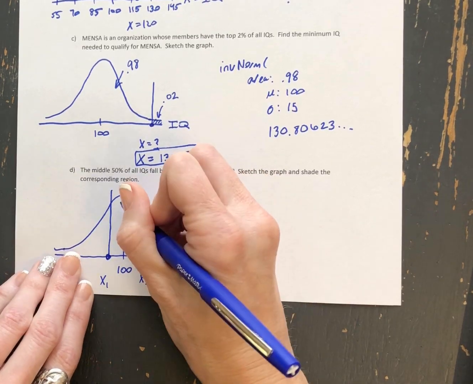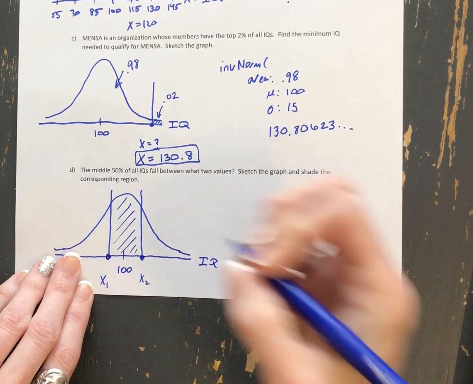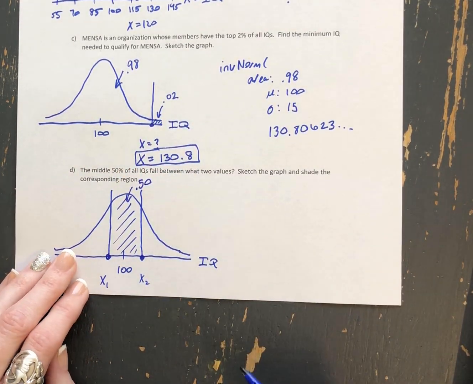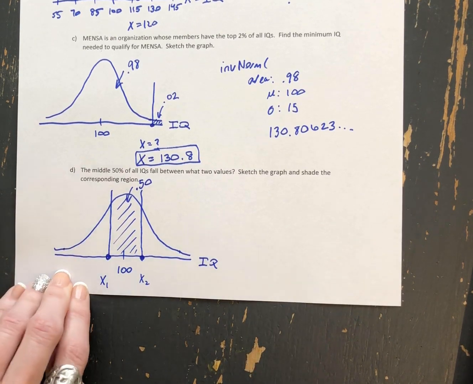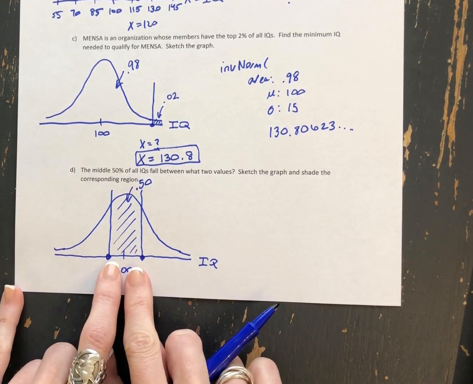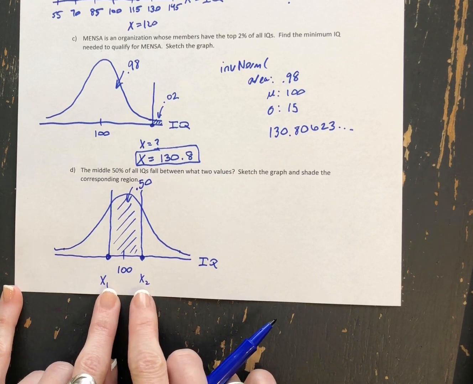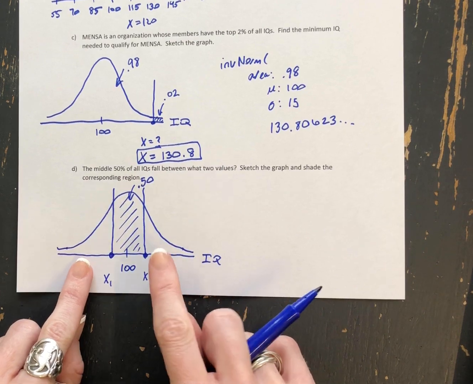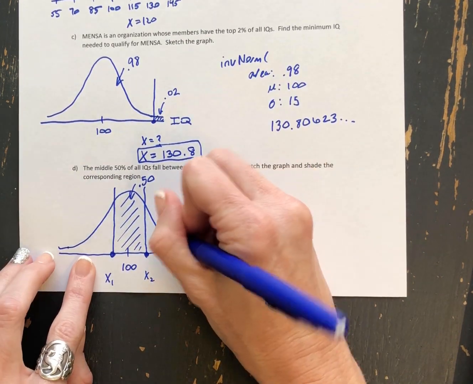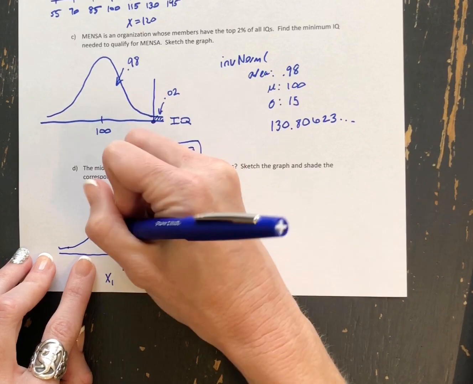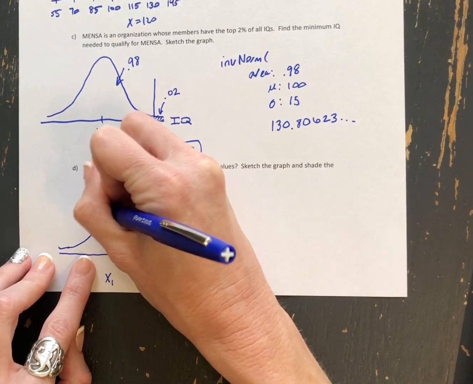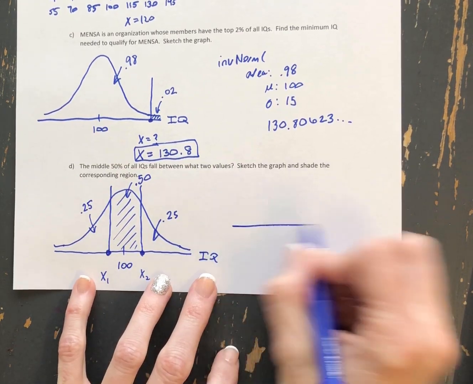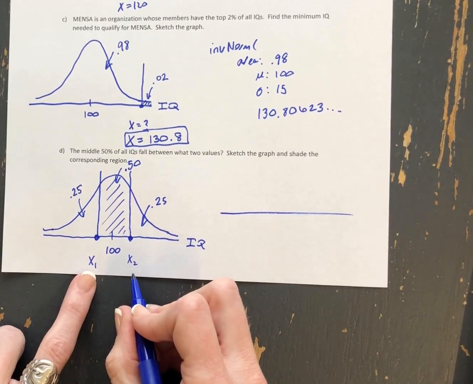I want the two values that divide my curve up into a middle area of 0.5, so 50%. Okay, if 50% is contained within these two x values, that means there's another 50% that is not, and that other 50% is split equally between two tails. So I have 25% of the area in each tail and 50% in the middle. The reason that matters is we're going to have to do this twice. We need two x values.